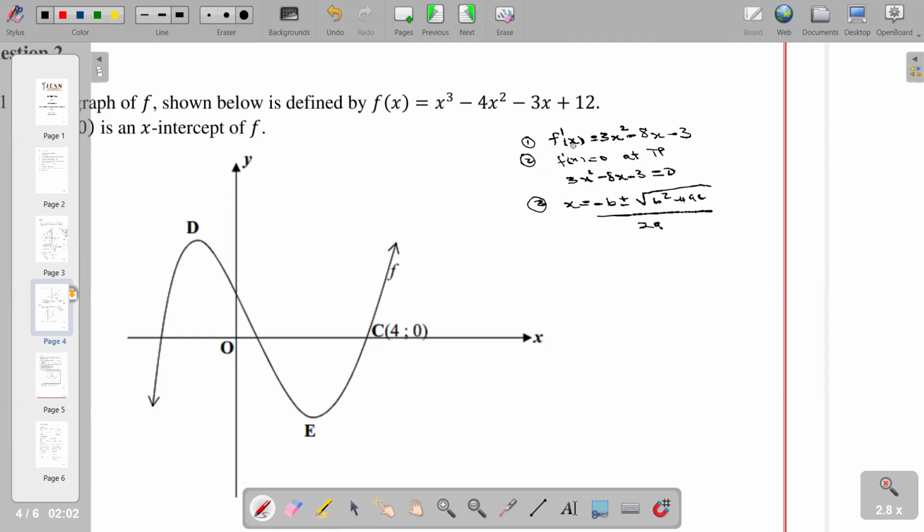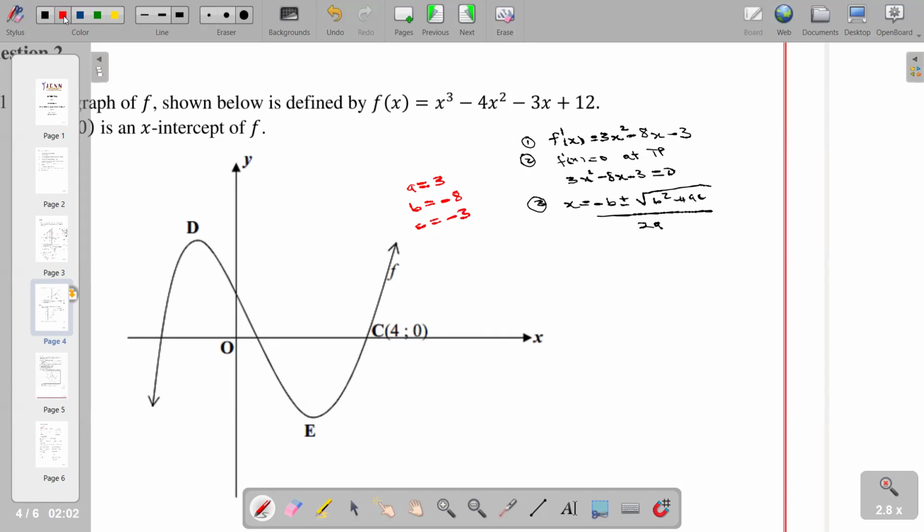So here we need to see that it's f prime, because if you write f(x), you are going to lose marks. Then f prime, here we are solving for x. So now substitute from our equation. What are our values of a, b, and c? Our a is equal to the coefficient of x squared, which is 3. Then our b is equal to the coefficient of x, which is negative 8. Then our c is equal to the constant, which is negative 3.